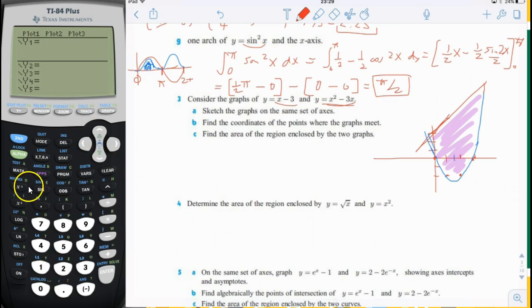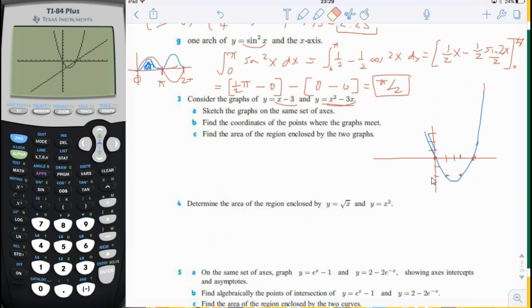So we're going to put in the two equations here, x minus 3, and the other equation is x squared minus 3x. And then we graph the two, and we should get something like we just drew here. Oh man, look what I did. I made a mistake. It doesn't go through y equals 3, it goes through y equals negative 3. It's kind of good that we did this with the calculator so that I could see my mistake.